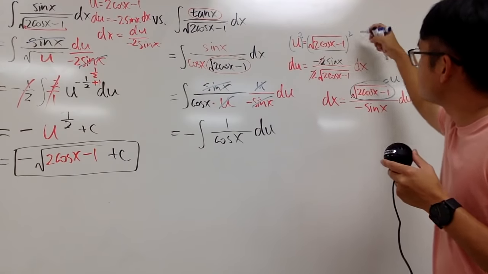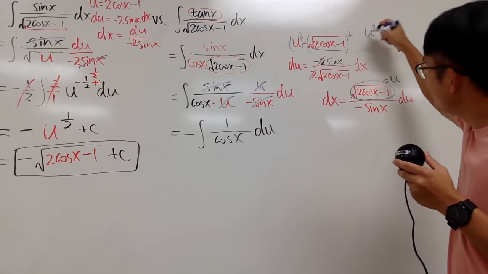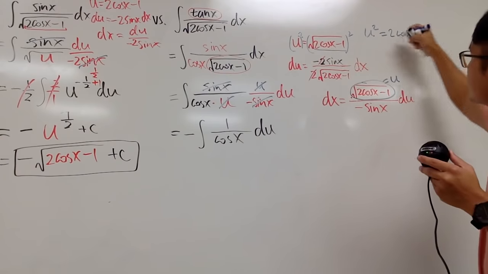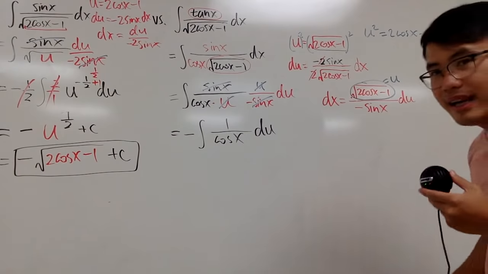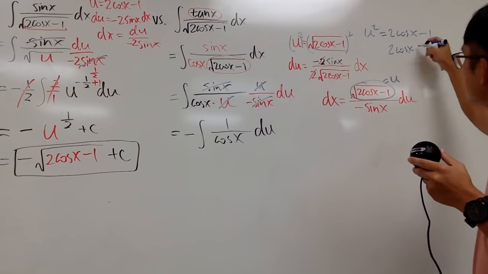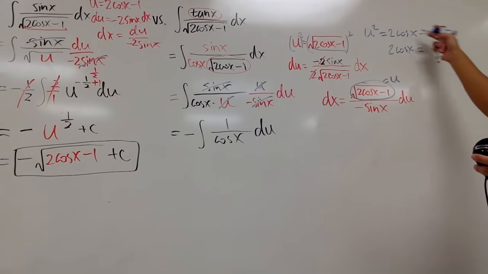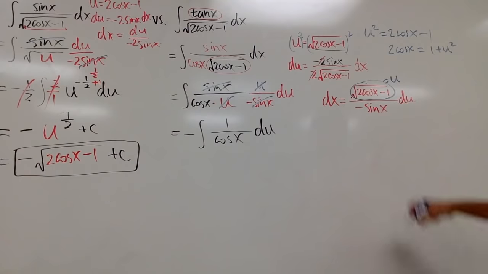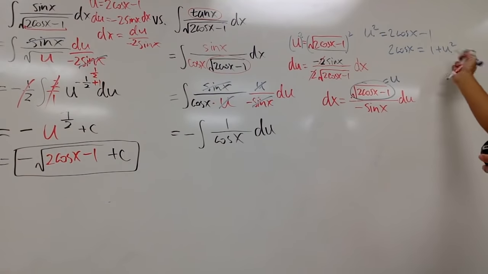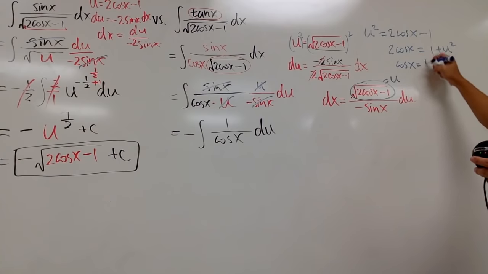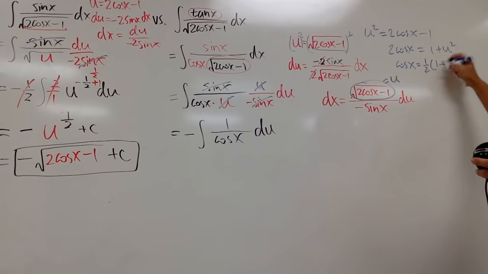And we see that we have u squared equals, this and that cancel, which is 2 cosine x minus 1. And then we add 1 on both sides, so I'll write down 2 cosine x equals 1 plus u squared. And then I will divide by 2 on both sides. So it's the same as saying cosine x equals 1/2 times 1 plus u squared, like this.